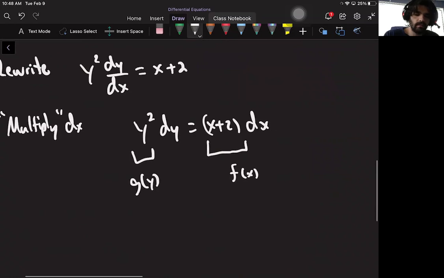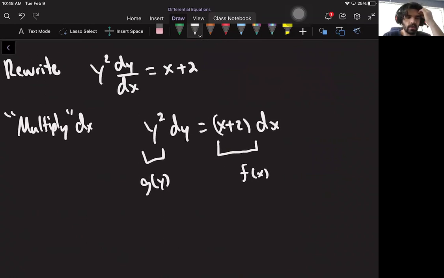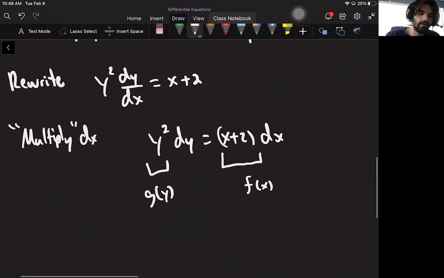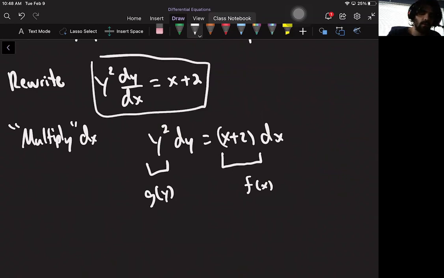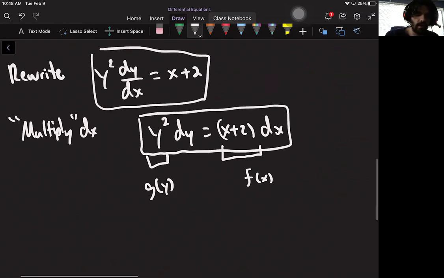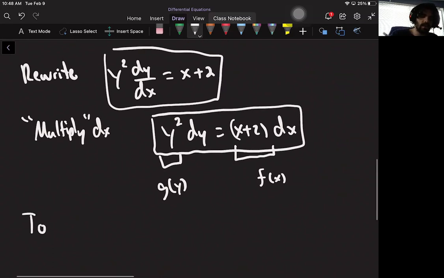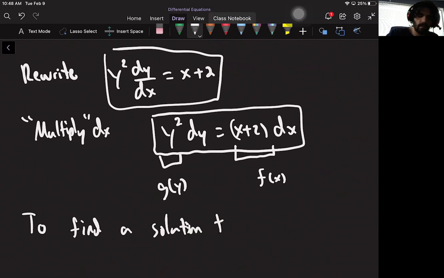Okay, so why are these the easiest differential equations? Because to solve this differential equation, once we show we can separate it, so once we have this, we just have to integrate both sides. To find a solution to the differential equation that we started with, we just need to integrate.